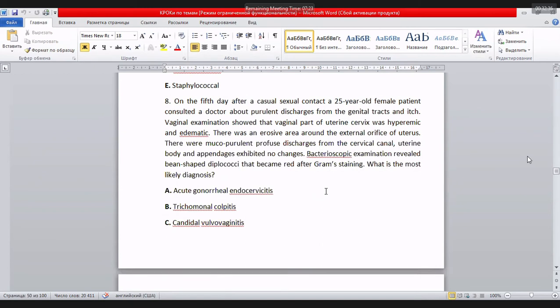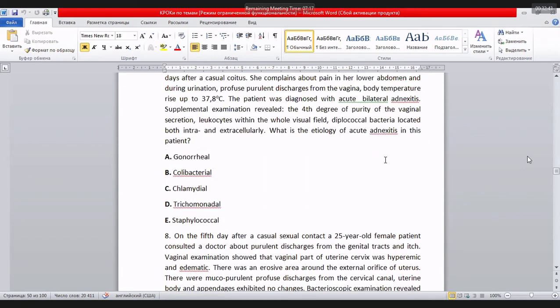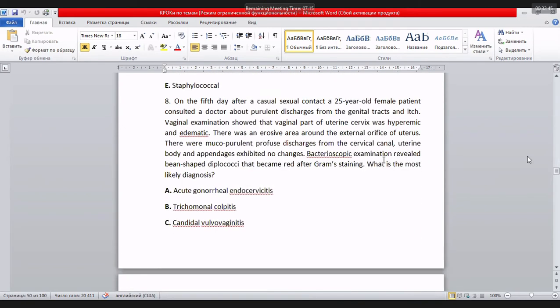Number 8. On the 5th day after casual sexual contact, it's almost the same test. A 25 years old female patient consulted a doctor about purulent discharges from the genital tract and itching. Vaginal examination showed that the vaginal part of the uterine cervix was hyperemic and edematic.